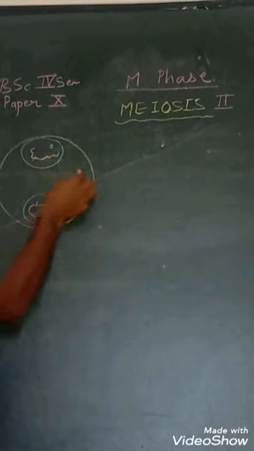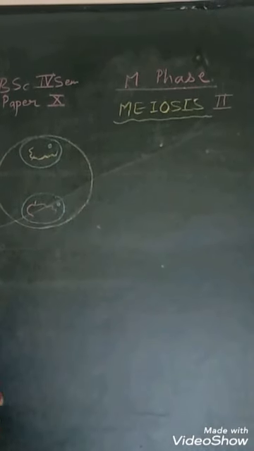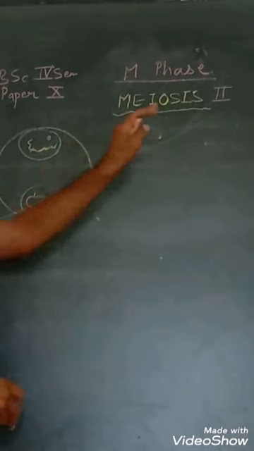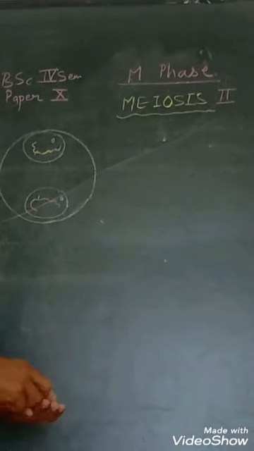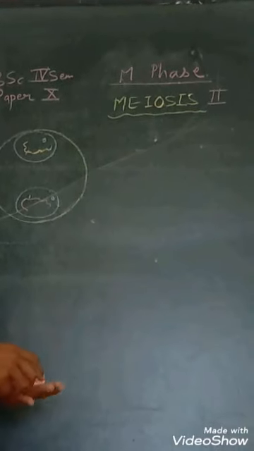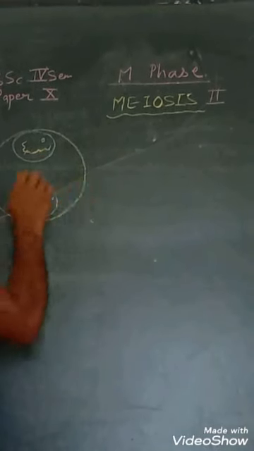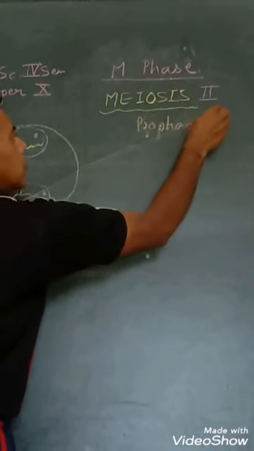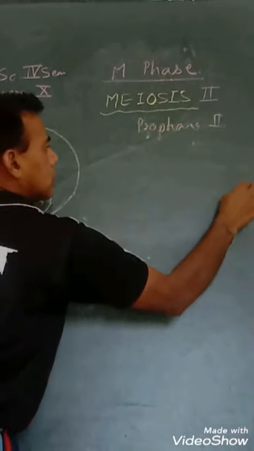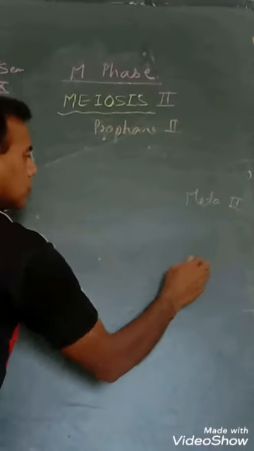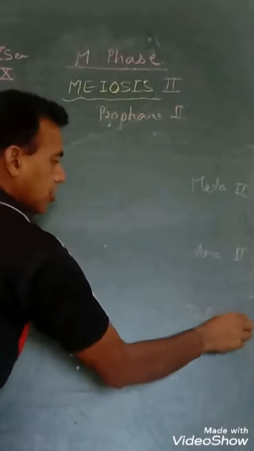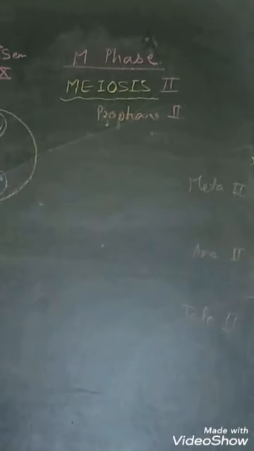So here a period of rest may be there, or it may directly enter into meiosis 2. Meiosis 2 is made up of 4 phases: prophase 2, metaphase 2, anaphase 2, and telophase 2.